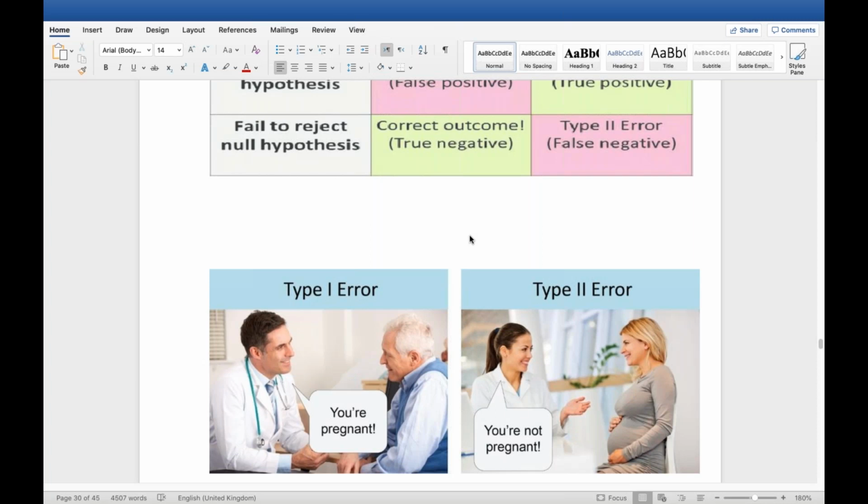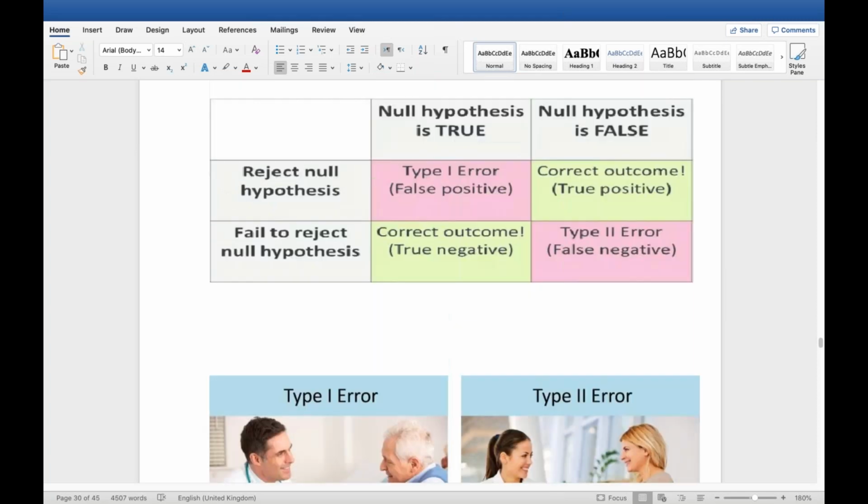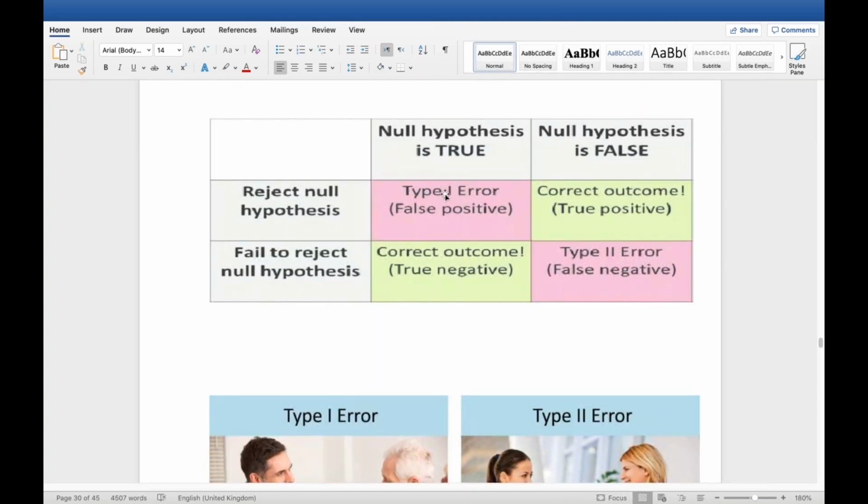And the statistical tests give numbers. This number is related to type 1 error. Type 1 error is about how confident we are that we are rejecting the null hypothesis. The null hypothesis is that there is no difference between, for example, the treatment group and the control group.